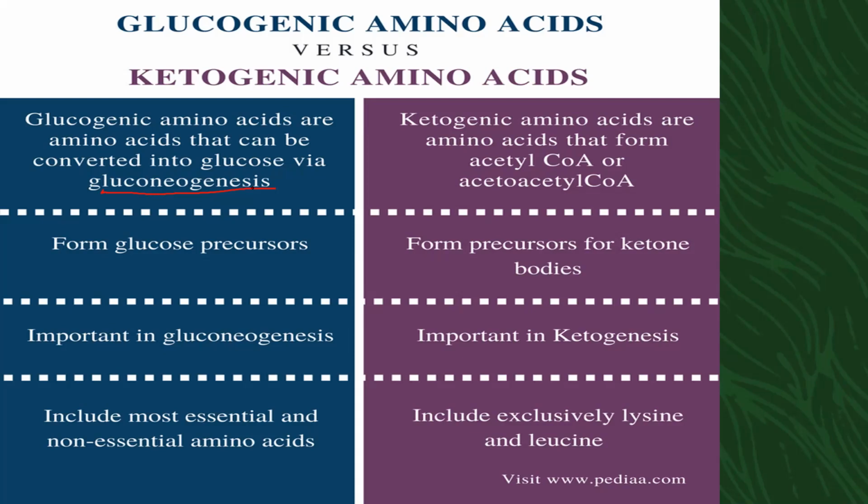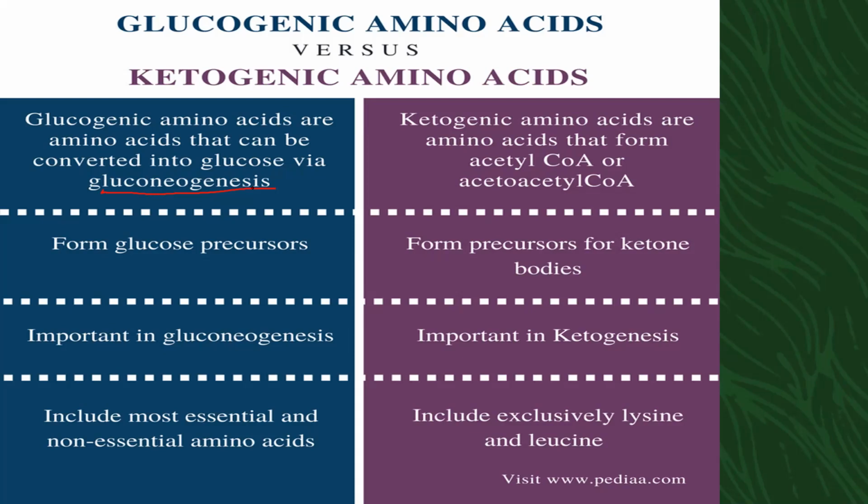How about ketogenic amino acids? When we say ketogenic amino acids, these are amino acids that form acetyl-CoA or acetoacetyl-CoA, thus becoming precursors of ketone bodies. Okay?